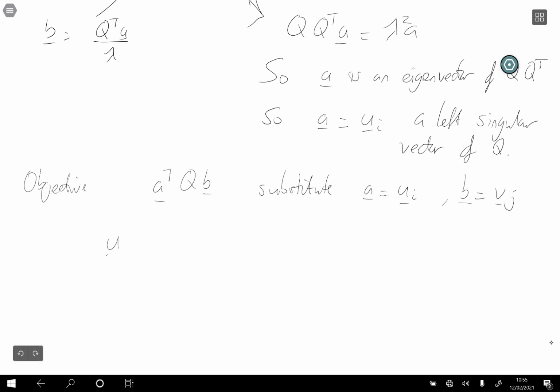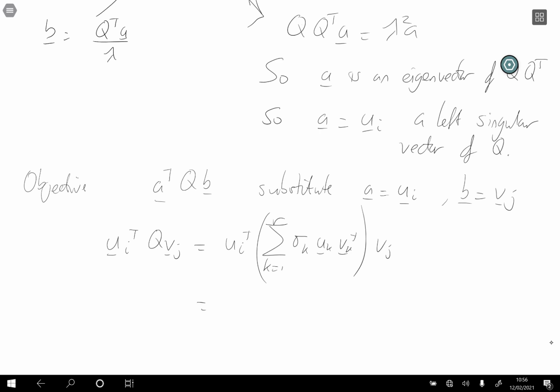So we're going to get U_i transposed Q V_j. Well, let's just substitute the singular value decomposition for Q. So we're going to get U_i transposed, the sum over k from 1 up to r of sigma_k U_k V_k transposed, times V_j.